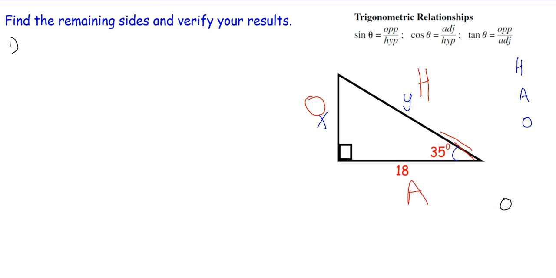That is A. So when you deal with O and A, we can make use of tangent, because tangent is opposite side over adjacent side. Therefore, I will write here tan 35 degrees equal to opposite side O, that is x, and the adjacent side is 18.